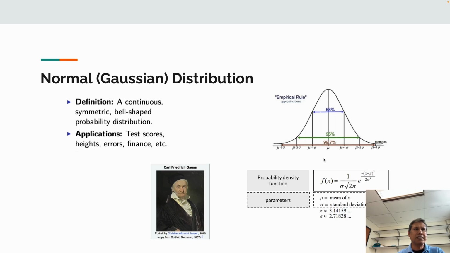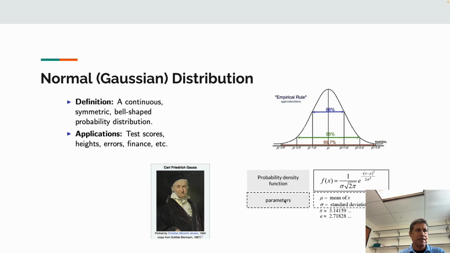The other parameter is sigma, which is the standard deviation, and the density function definition is here: 1 divided by sigma root 2 pi, times e to the power negative (x minus mu) squared divided by 2 sigma squared. These e and pi are constant scalars.